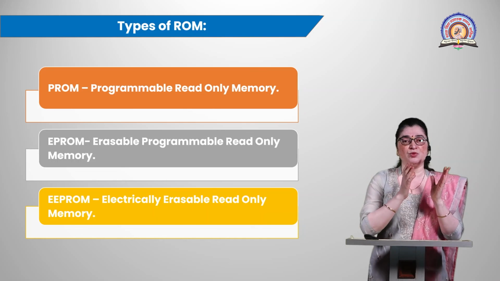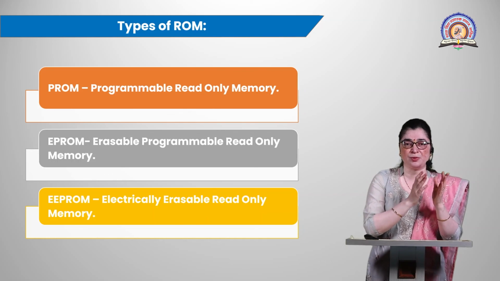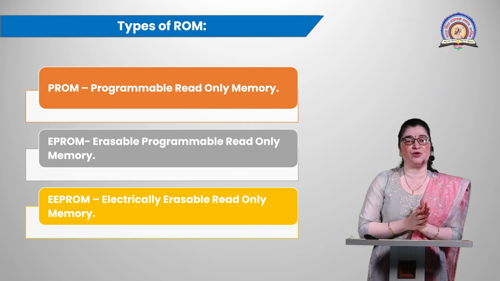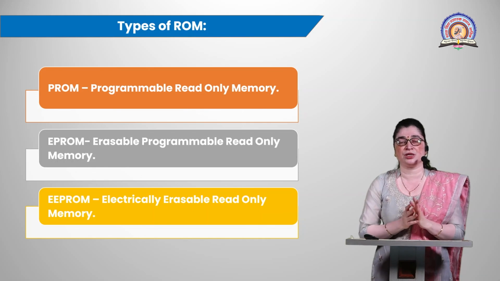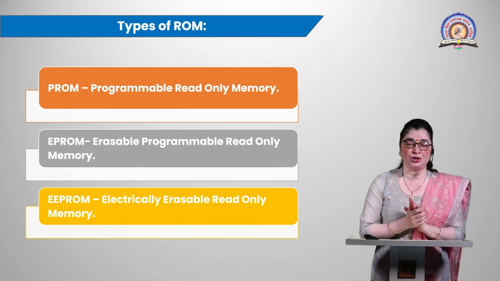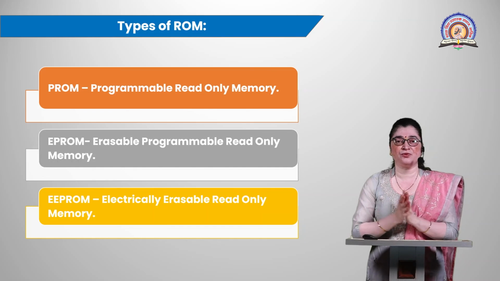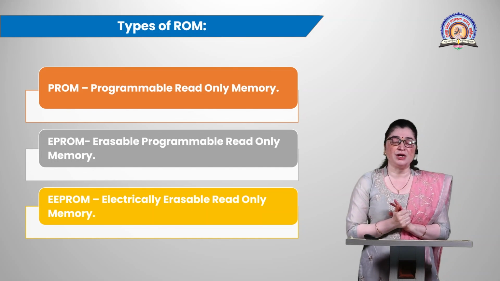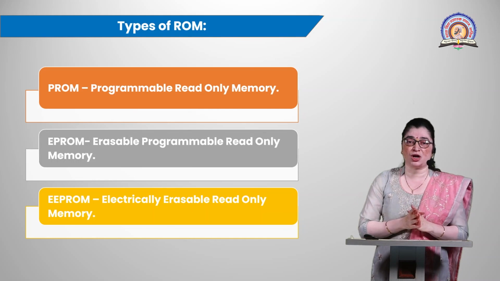If you want to remove a small amount of information, you keep it for a small duration of time. If you want to erase a large amount of information, you have to keep that chip in ultraviolet rays for a long duration. The information will get erased. But keeping that chip in ultraviolet rays is somewhat costly.